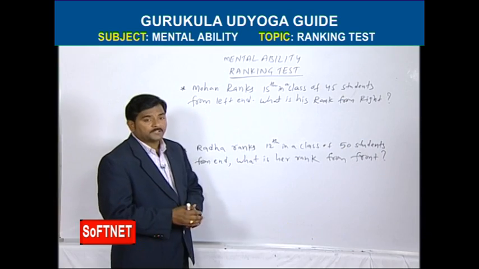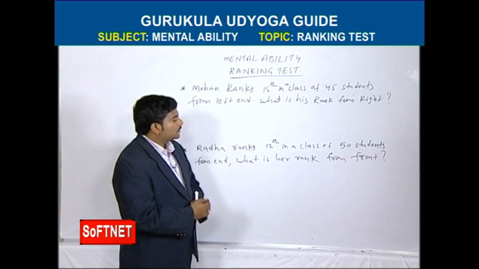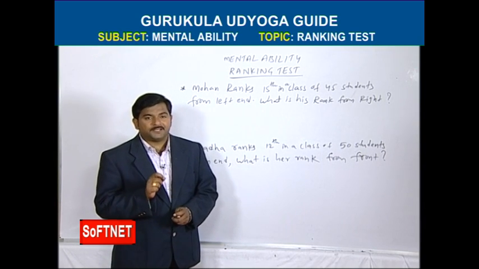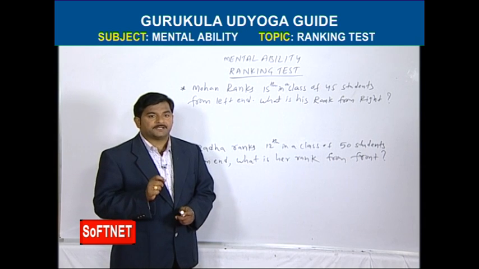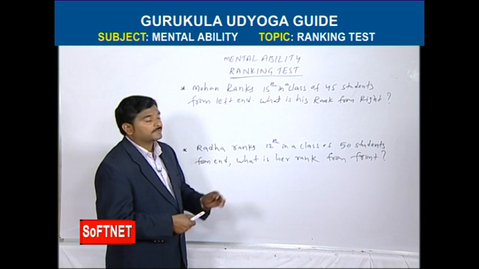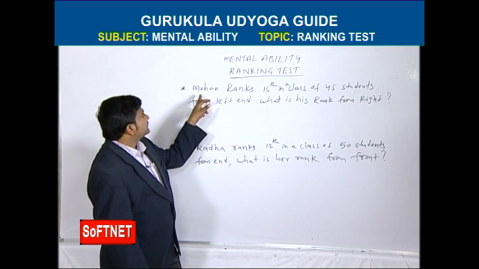Okay, I have taken some questions. These two questions can be solved by using the formula T is equal to n plus k minus 1, which we know already. Now we will see the first question.